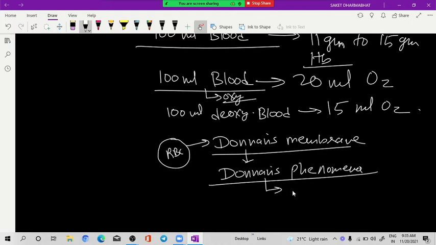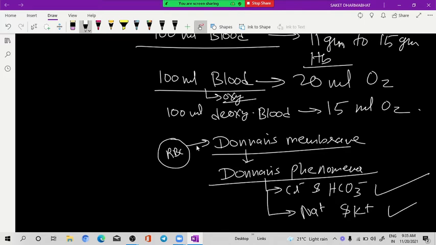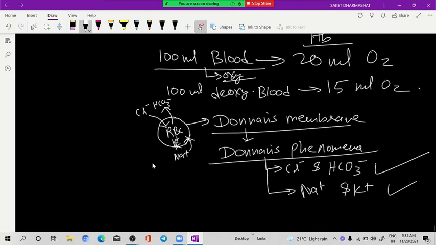What is Donnan's phenomenon? The plasma membrane should be permeable to chloride and bicarbonate ions and impermeable to sodium and potassium ions. That means if Na plus wants to enter inside, it can't enter. If K plus wants to come outside, it can't come outside. Clear or not? So this is called Donnan's phenomenon.